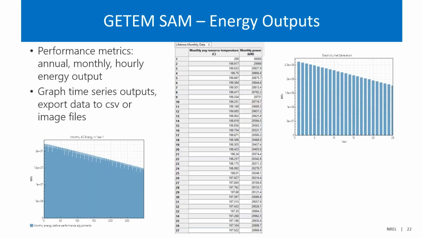And then a benefit of SAM is SAM has a variety of different output metrics, both on the performance energy side and on the financial side. So a quick look at a couple of graphical outputs that come from SAM for monthly energy output, net generation year over year, and resource temperature over the life of the system.